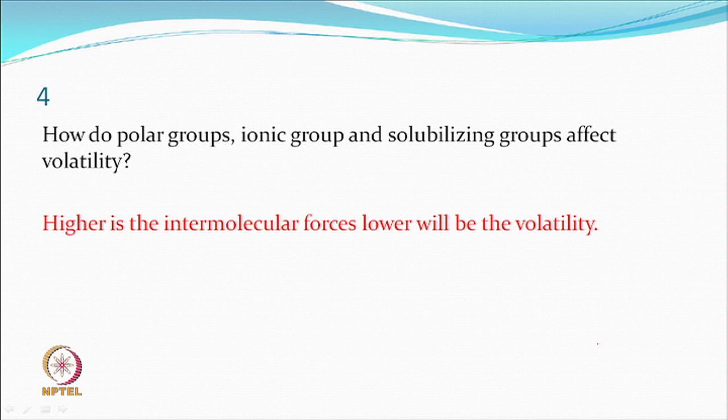So, higher is the intermolecular forces, lower will be the volatility, and so approximately the answer is similar to what we had said as the suitability of any molecule to be able to sublime.